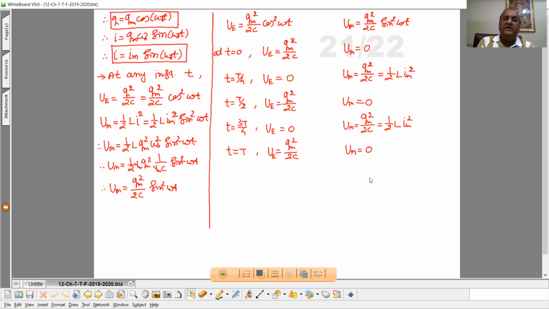Otherwise, in a realistic case, there is some resistance, and due to that the dissipation of energy in the form of heat is always there, means the total energy will be slowly decreasing, and finally your oscillations of charge will vanish. Clear?